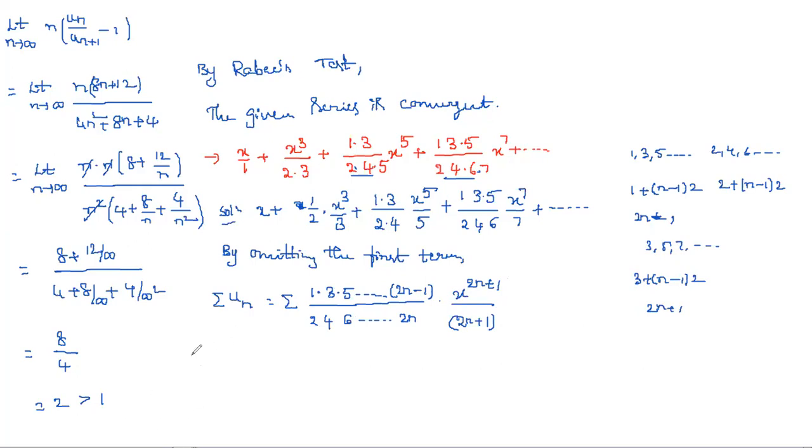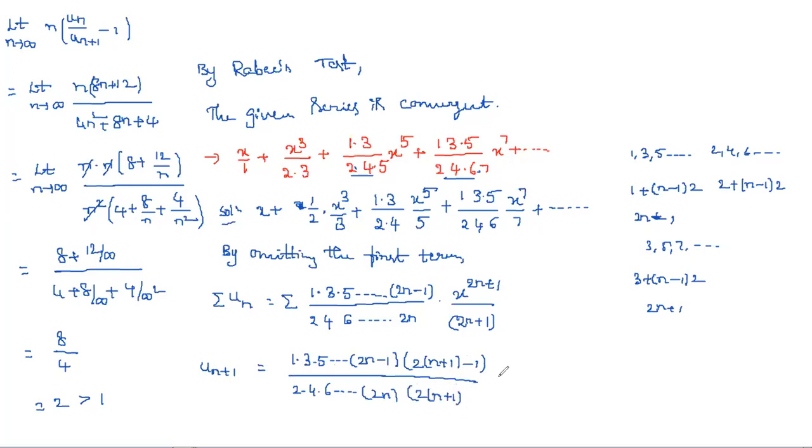Now let un be this. Simply write that, and un plus 1 is equal to 1, 3, 5 and so on, 2n minus 1 into 2 into n plus 1 minus 1 by 2, 4, 6 and so on, 2n into 2 into n plus 1, into x power 2 into n plus 1 by 2 into n plus 1 plus 1.